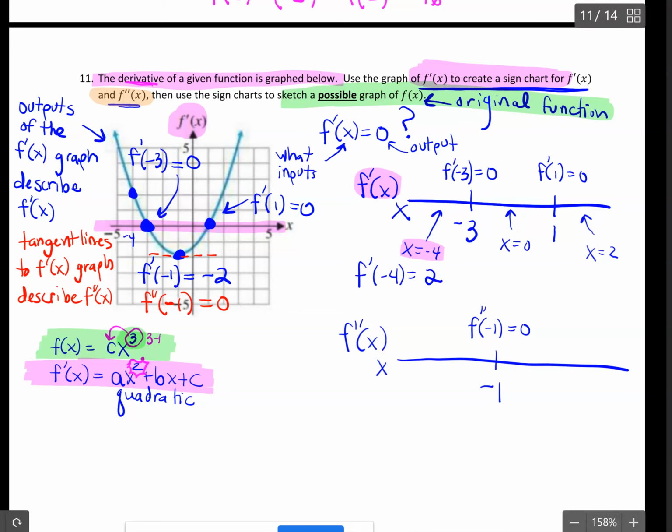Since the graph shows f prime of x, we just read the points on the graph to get info about f prime.